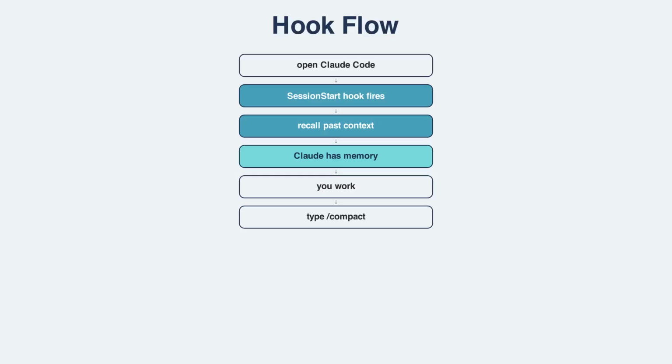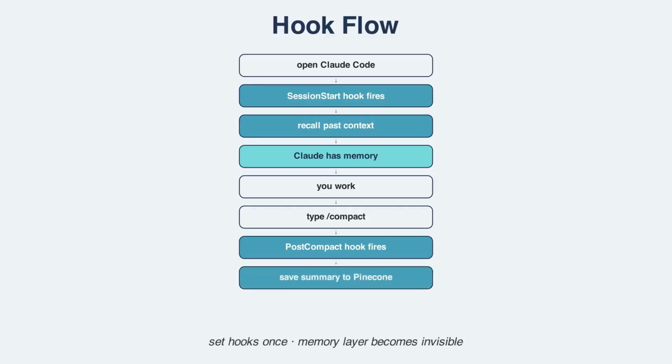That's the habit worth building. Compact regularly. When you compact, the stop hook fires. A clean summary gets vectorized into your namespace, and the memory is now available, everywhere. Set this once, build the compact habit, and the memory layer becomes invisible, which is exactly what you want.